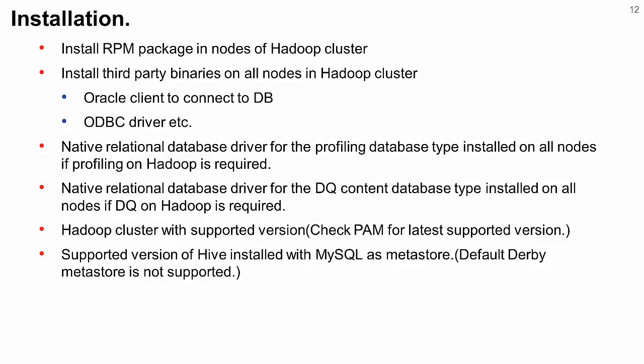We install third-party binaries on the cluster, and this is going to be like your Oracle client to connect to databases, your ODBC driver, your DB2 drivers if you're going to use DB2 as a database. So you need to install third-party binaries on all of the cluster.